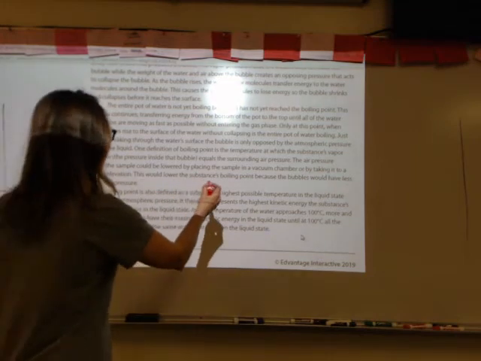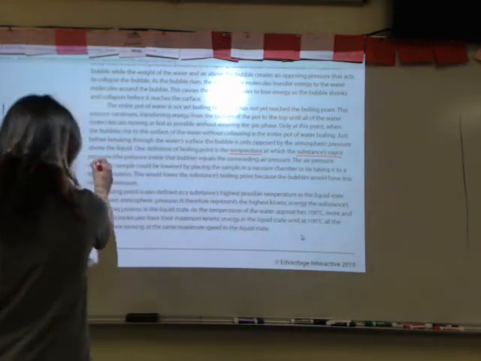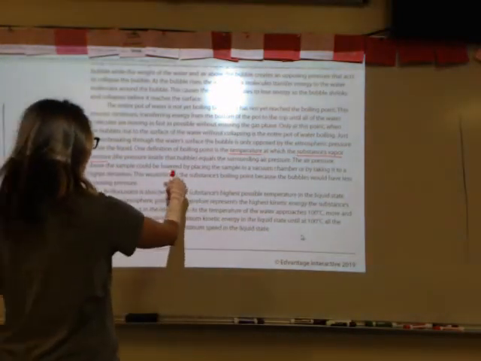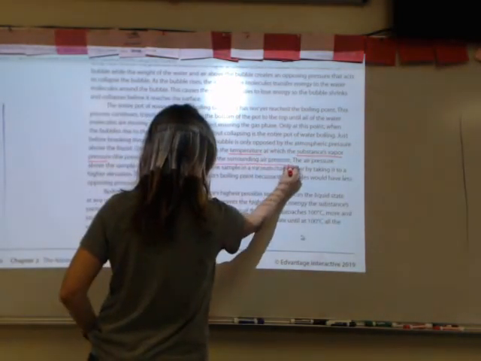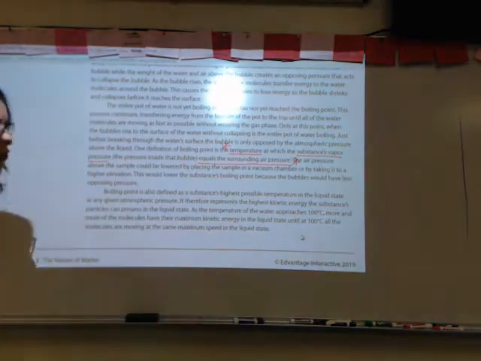One definition of boiling point is the temperature at which the substance's vapor pressure, so that's the pressure inside the bubble, equals the surrounding air pressure. This is a very important definition that you should highlight.